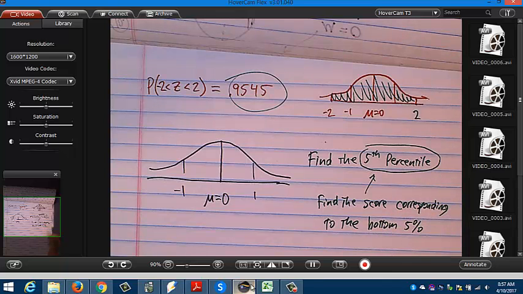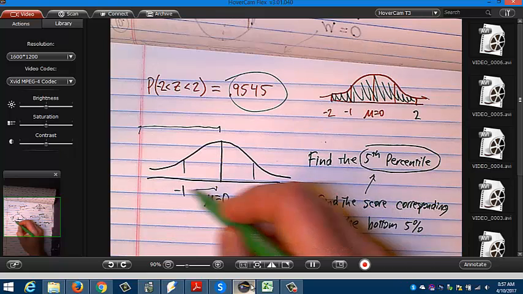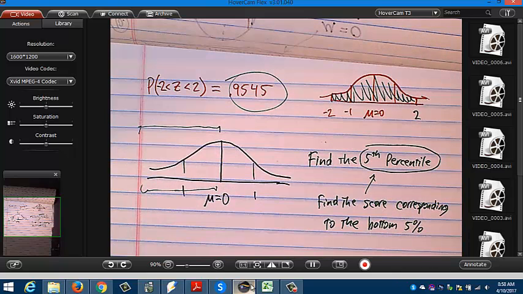Because if you get a negative bone density score, all that means is that you're on this side of the curve, right? And if you're on this side of the curve, you're in the bottom 50%. But maybe being in the bottom 5% is when it's dangerous. Maybe that's why we want to know.